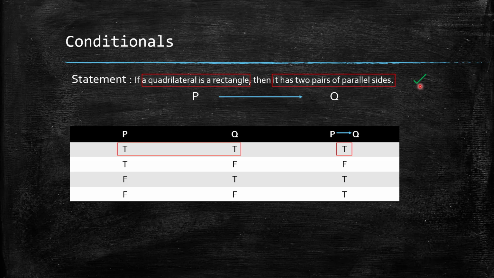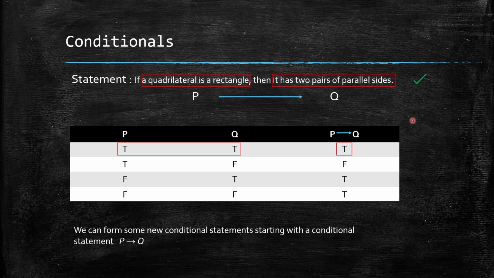So we have a proposition which is true, and it is a conditional. The parts of this statement, P and Q, are also propositions, and both are true in this case. That's why our given conditional is becoming true.